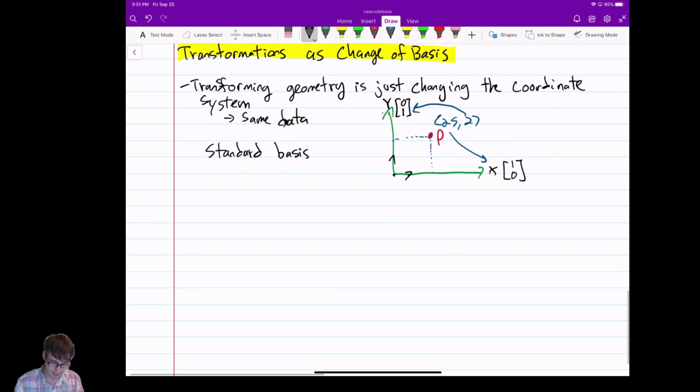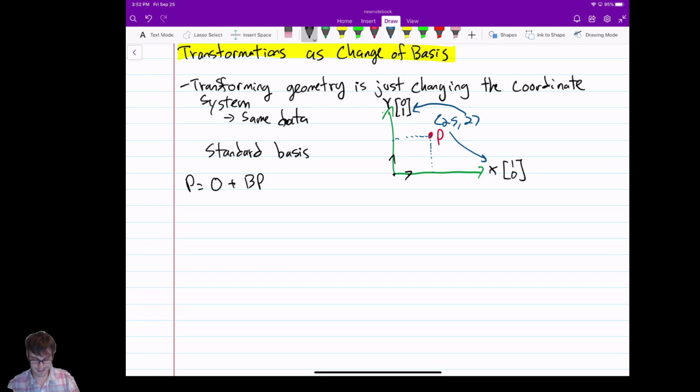Now I can write this out in a more standard linear algebra form. So we can say that a point in space is some origin plus a basis times the point in that local coordinate system. Okay? So in this case, our origin here is 0, 0. So let's write that out. 0, 0, that's good. Plus our basis.